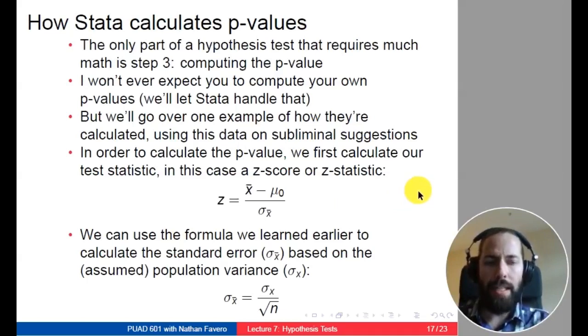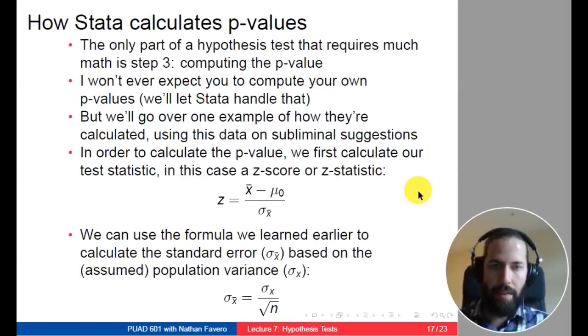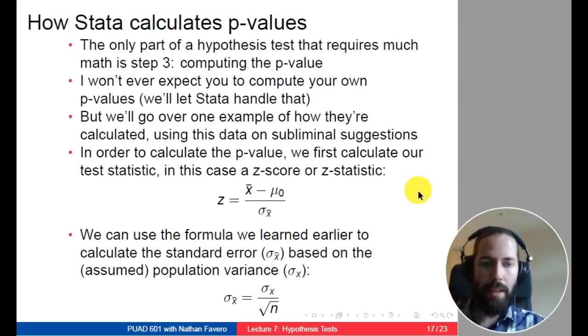The textbook gives an example of how you can do a similar thing without that assumption by using the t-distribution, but for this example, we'll just stick to the normal distribution. Okay, so we have those two formulas. Of course, in order to calculate these formulas, we need to plug in a couple pieces of information.